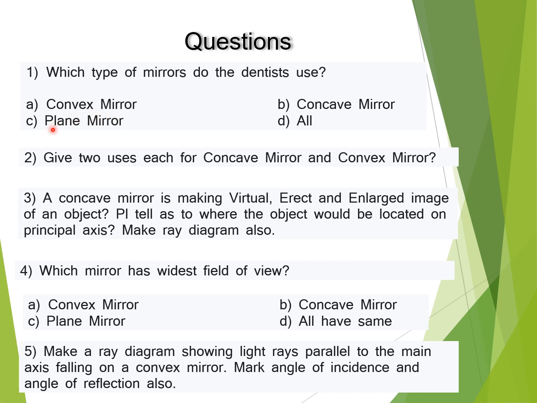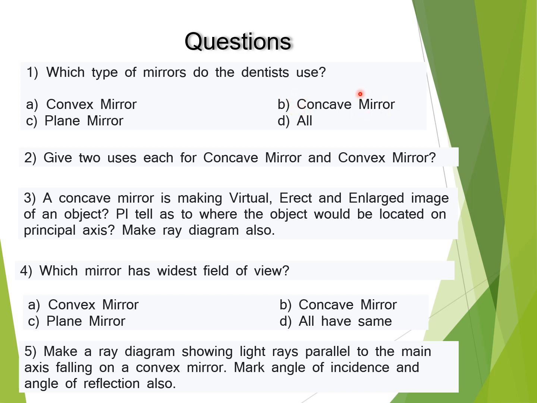Whereas plane mirror always makes virtual image which is equal to the object. Dentists want to see the image larger than the object so that they can diagnose the problem better.